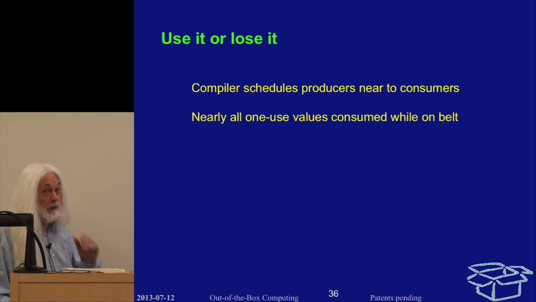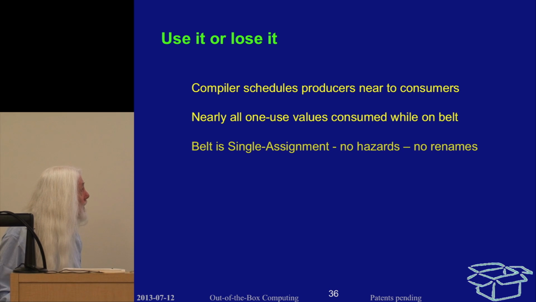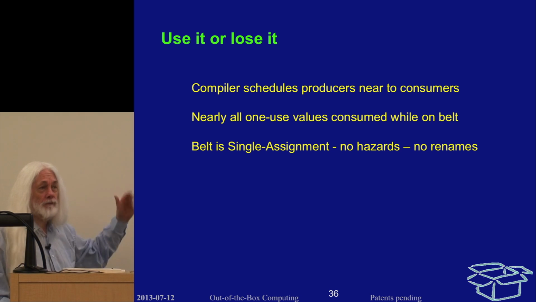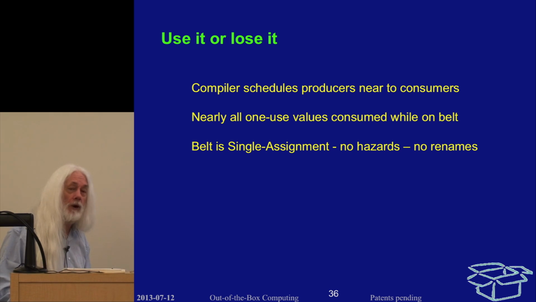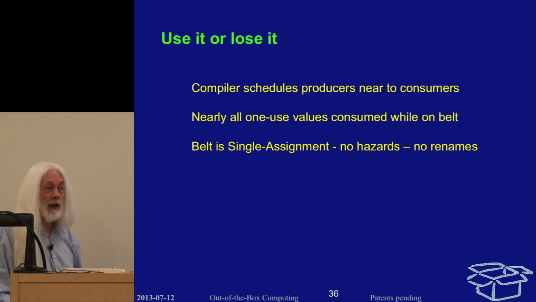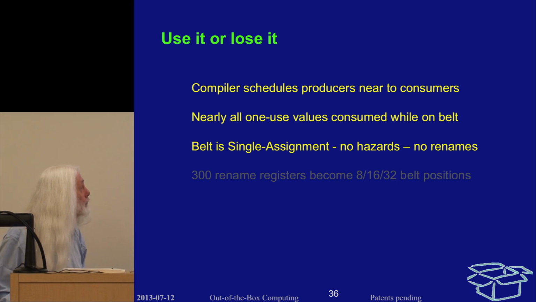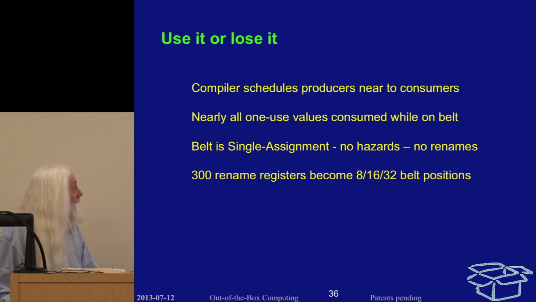In practice, the belt size is set such that nearly all one-use values are consumed immediately while they're first on the belt. But the values which do have to be kept for later or referenced more than once, we don't have to rename them, we don't have to put them anywhere while they're on the belt, but we do need to put them somewhere for after they fall off.